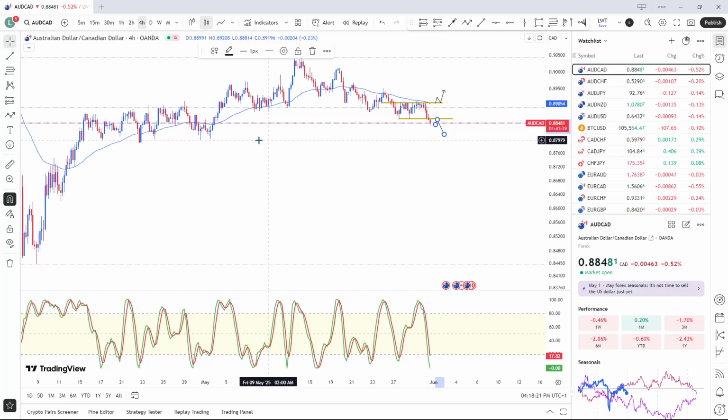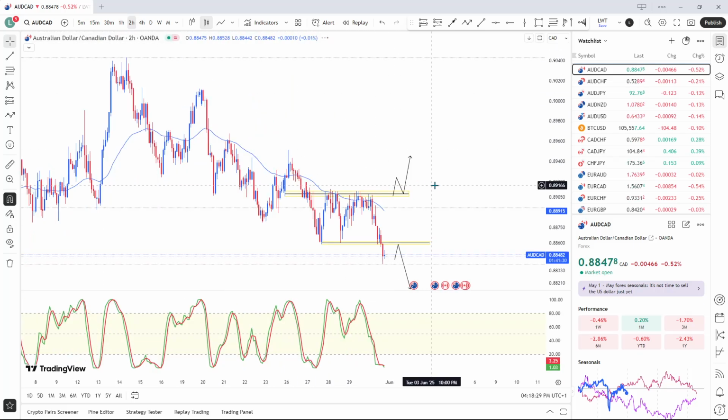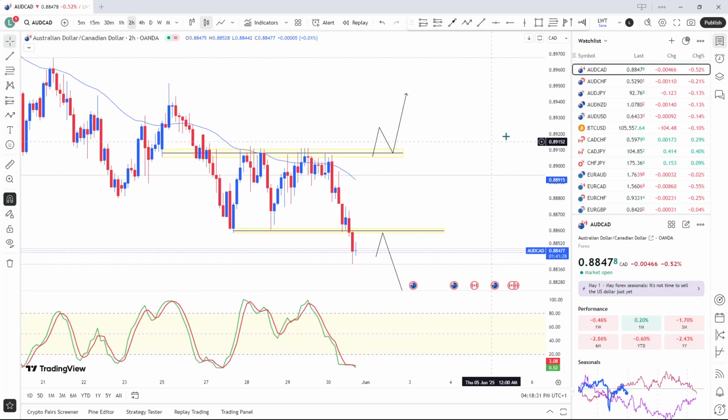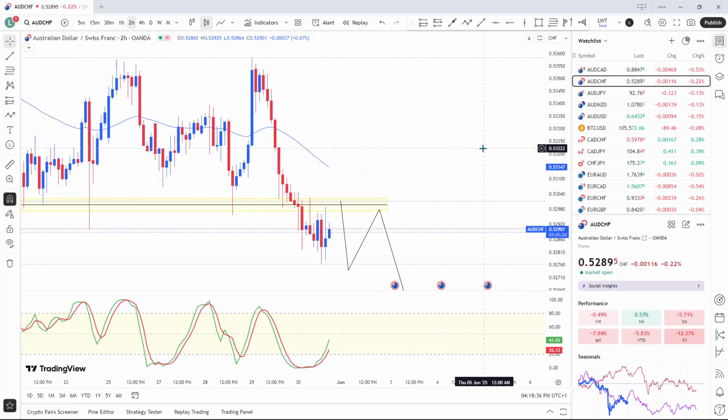If you follow my dotted line across, you could have levels there that look pretty good. You've got loads of tap-ins down here on our way to the downside. So that is where I am at. Again, I'm not placing any trades right now, I'm just having a quick look.